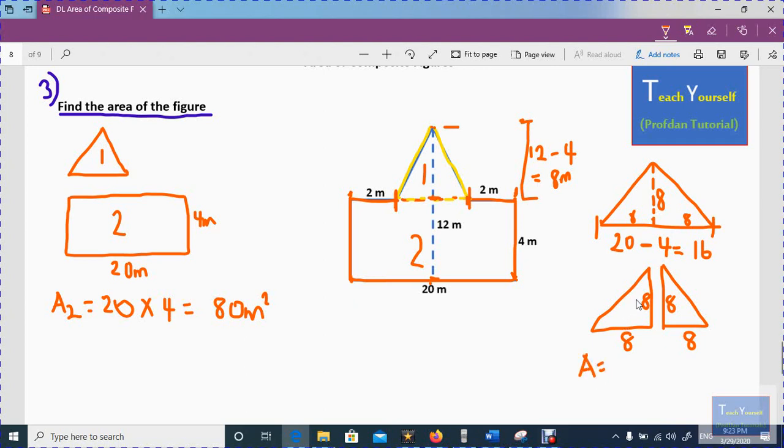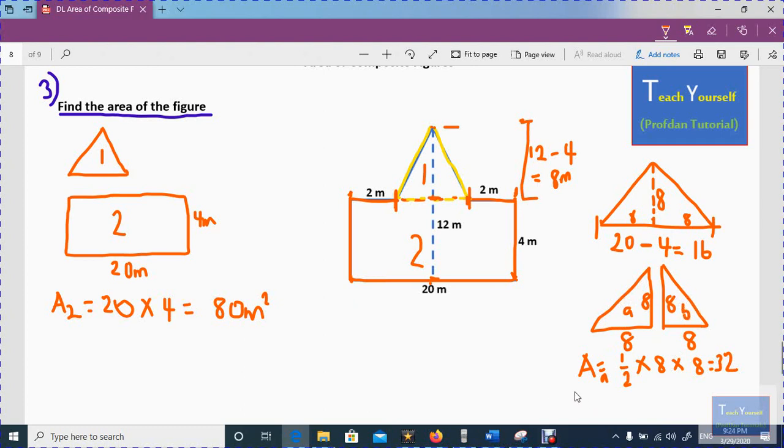Let's say this is A and this is B. The area of A equals the formula for a triangle, half times base. The base here is 8 times the height of the triangle, which is also 8. We can divide this 8 by 2 to give us 4, then we are left with 4 times 8, which is 32. So the area of part A is 32 and the area of part B is also 32.